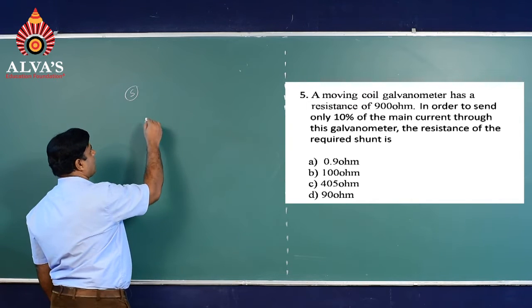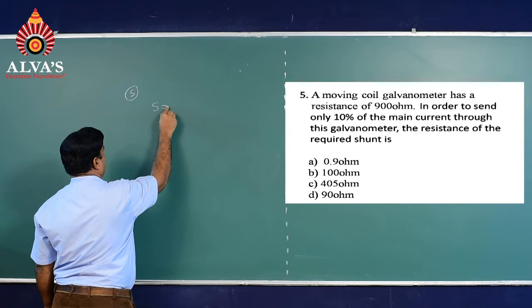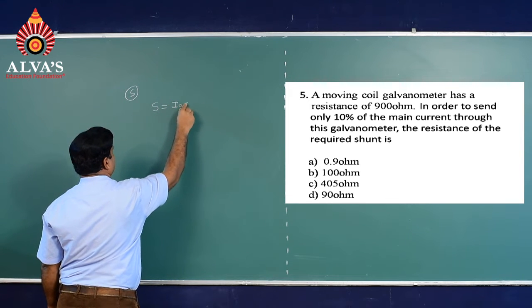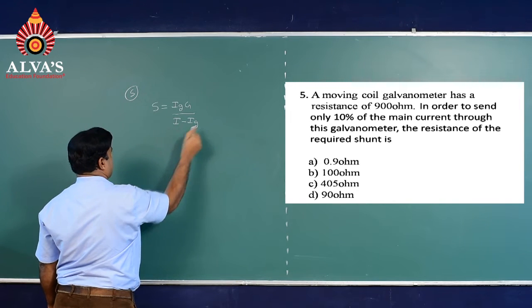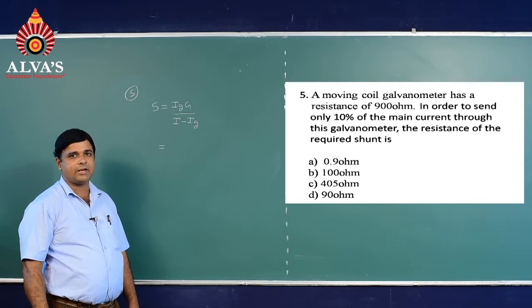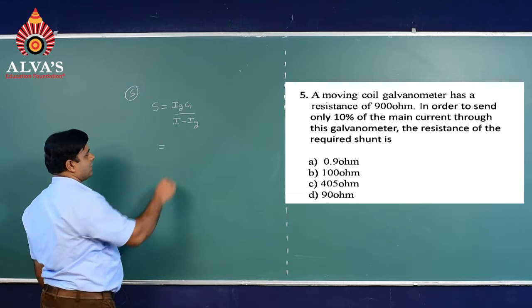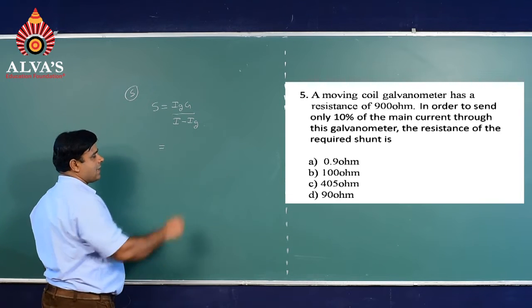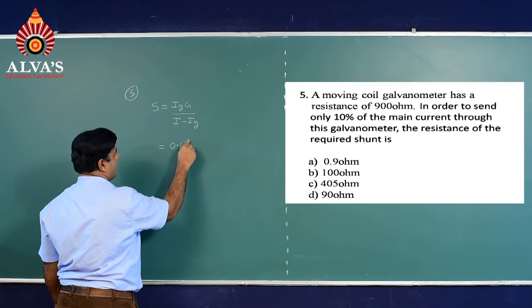To convert galvanometer into ammeter, resistance, that is shunt required equal to Ig into G divided by I minus Ig, where Ig is current required for full scale deflection of the galvanometer. Here it is only 10% of the main current, 10% is 10 by 100, which is equal to 0.1 I.